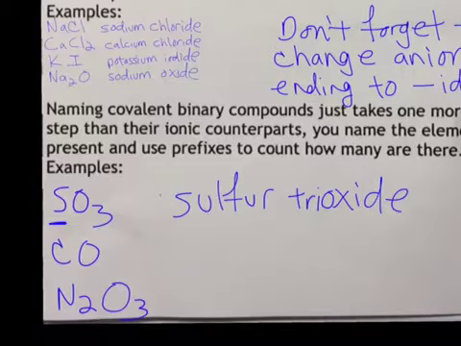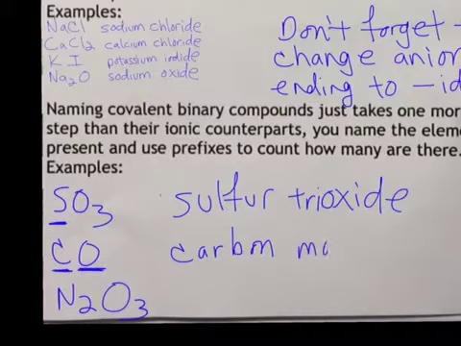Now the next one, I have 1 carbon and I have 1 oxygen. So I'm starting with 1 carbon, but I'm just going to say carbon, because that's understood that there's just going to be 1 if I'm starting with just carbon. However, on the second one, I do have to say if there's only 1 there. So I'm going to say monoxide. So that's carbon monoxide.